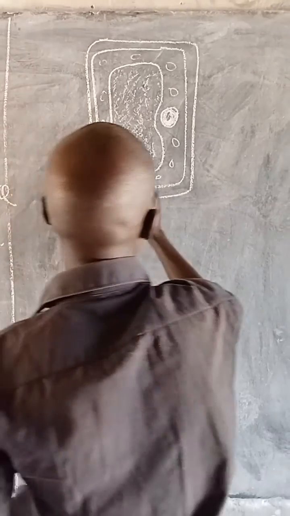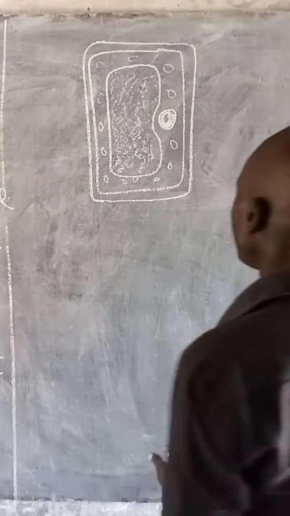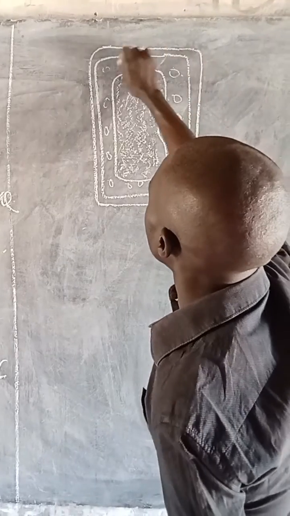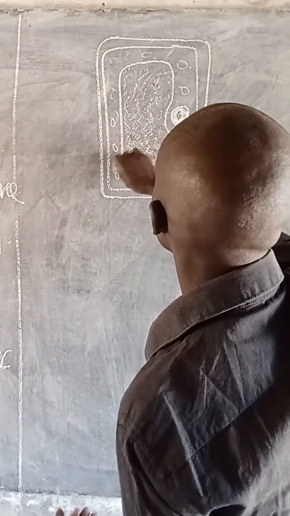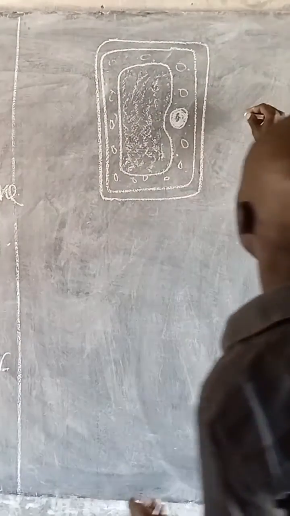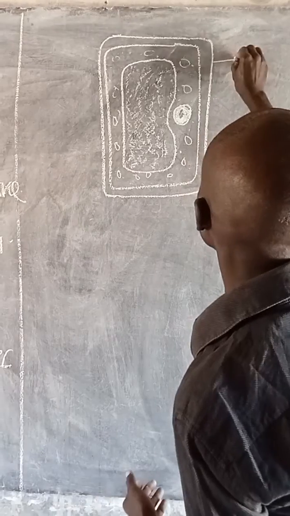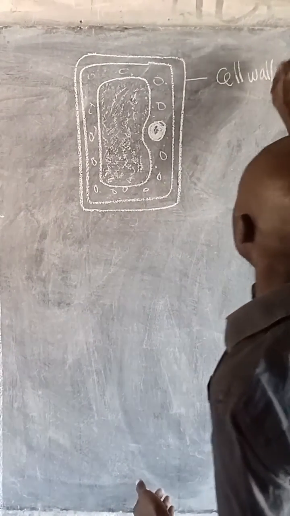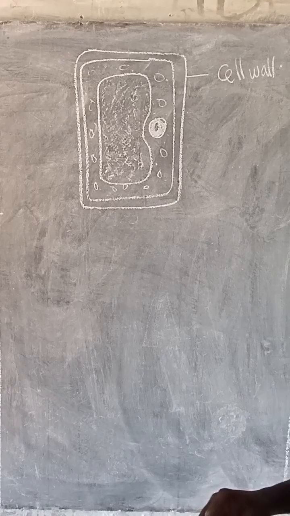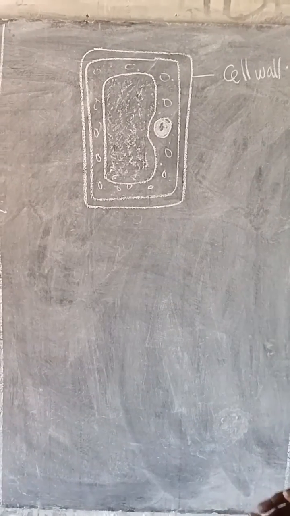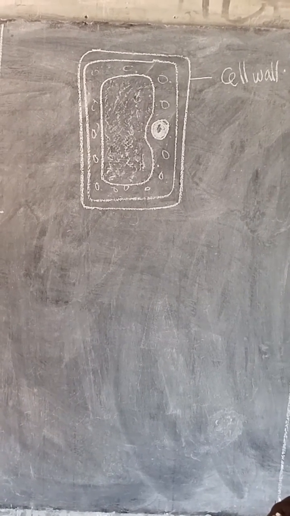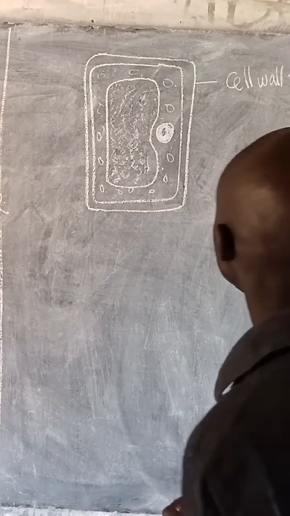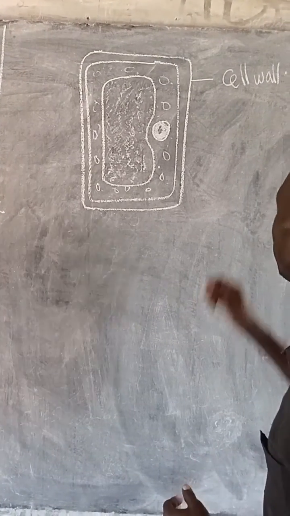So when we look at the plant cell under light microscope, we shall see a number of parts of this cell. The first part we can see is the cell wall. We already know that the plant cell has cell wall that is made out of cellulose, which is a non-living component of the plant cell, which makes the plant cell appear rigid with definite shape.